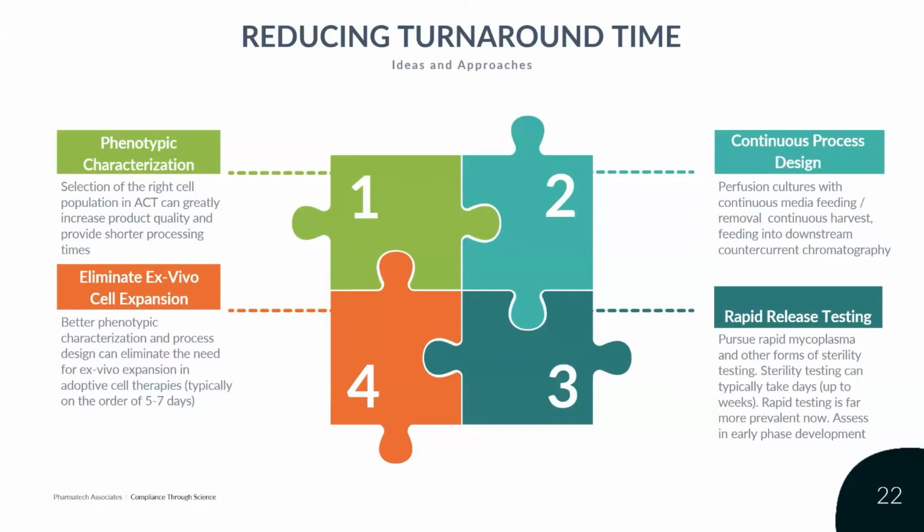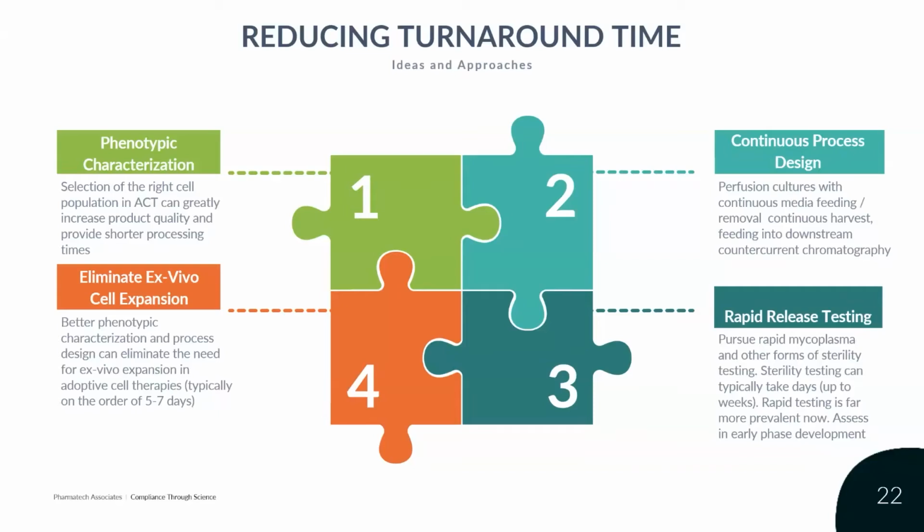Some other things to think about are rapid release testing. There have been a few methods that were developed in the late 90s, early 2000s to test for mycoplasma species, and then there are also other faster forms of sterility testing. Right now, sterility testing, if you're looking at myco, could take you up to 21 days.